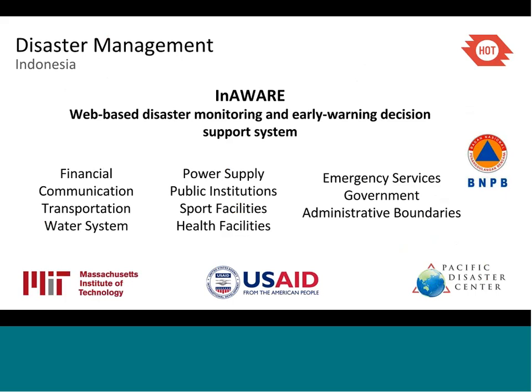So we're looking at different financial, communication, transportation, emergency services, as well as government buildings and administrative boundaries, to map those in OpenStreetMap, but that data is going to be pulled into InAware, which is a web-based disaster monitoring and early warning decision support system that was developed by the Pacific Disaster Center for BNPB.